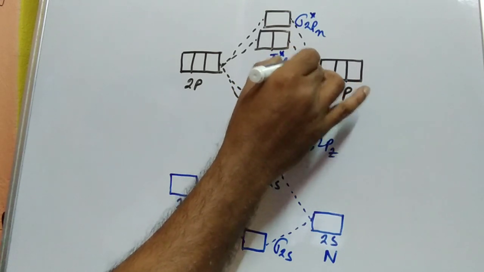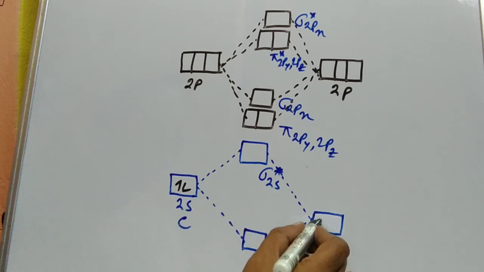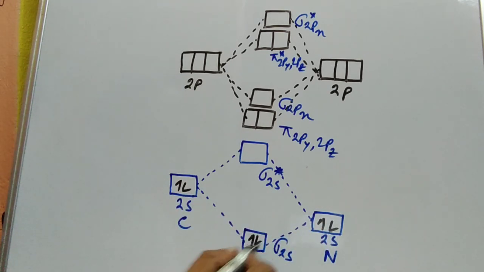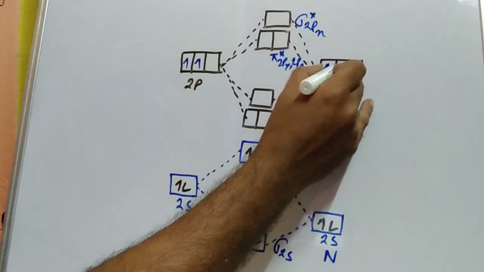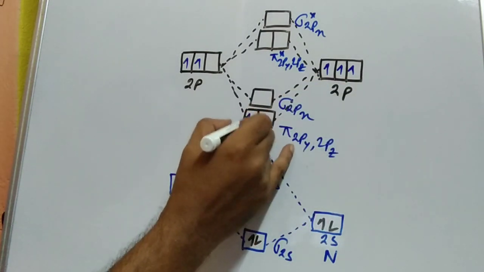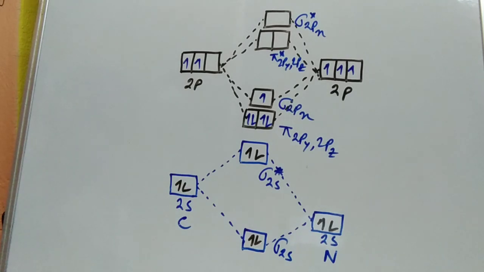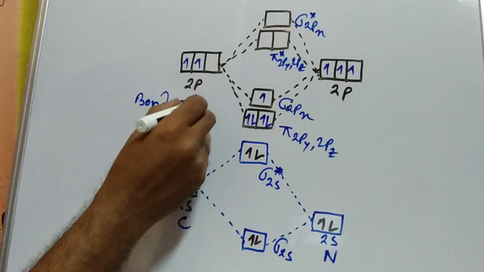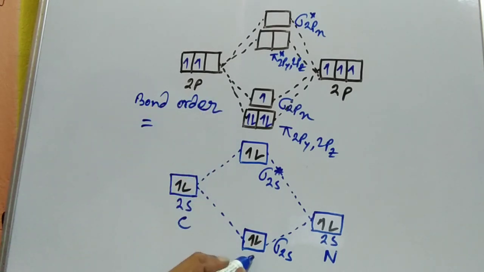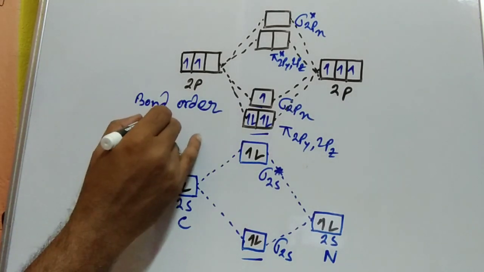So the CN molecule contains 13 electrons, and the configuration will be sigma 1s2, sigma star 1s2, sigma 2s2, sigma star 2s2, pi 2py2, pi 2pz2, and sigma 2px1. The inner shell is non-bonding, and the bonding and antibonding 2s orbitals cancel, leaving 1 sigma and 2 pi bonds, and thus a bond order of 3.